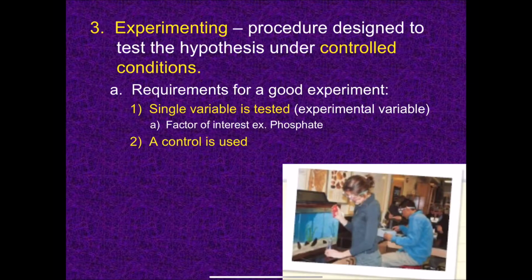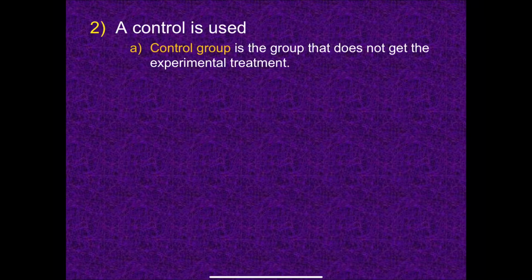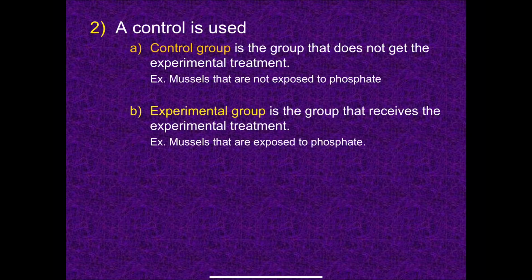So let's say maybe in this case, these students probably have several tanks that are going to serve as a control, and maybe several tanks that are going to serve as an experimental, and all of them collectively will be called a control group and experimental group, because you don't want to just do it on one tank, because if something were to happen to one tank, your results are not going to reflect the actual thing that you're testing, but whatever it is that caused the difference.